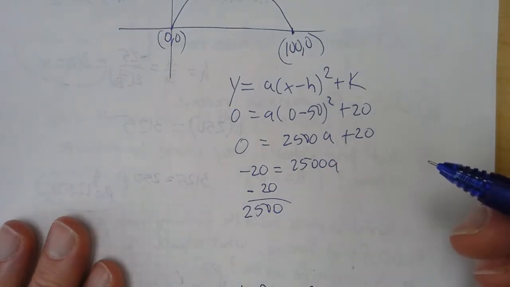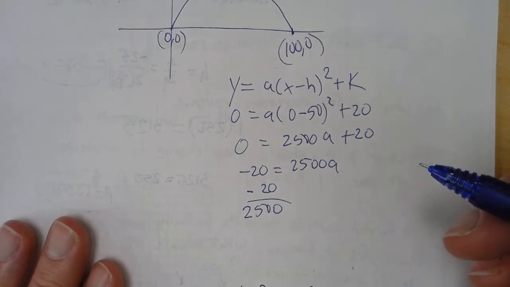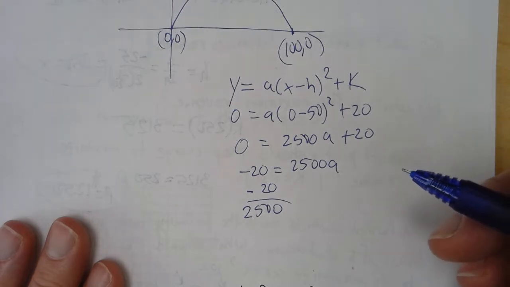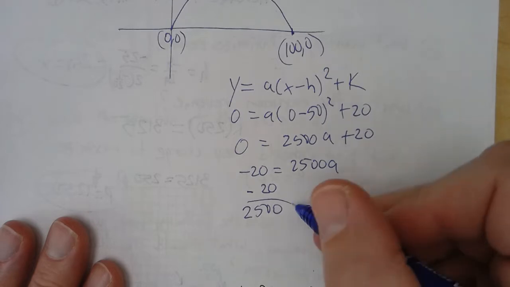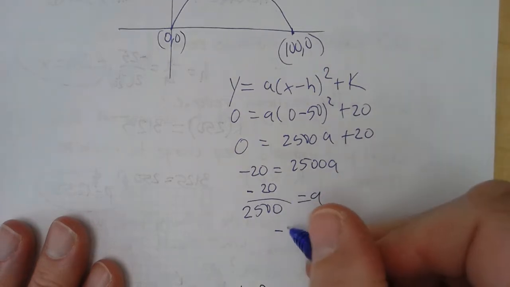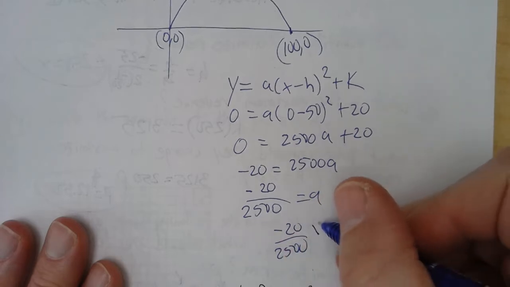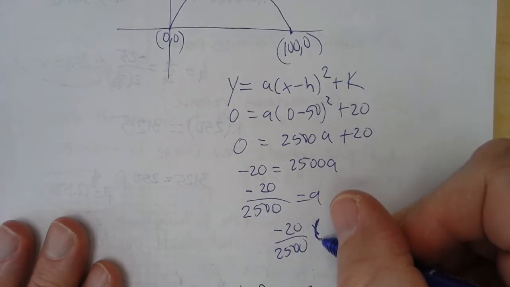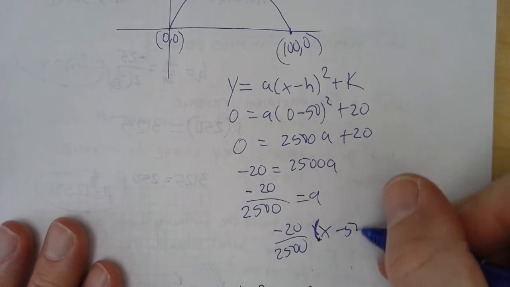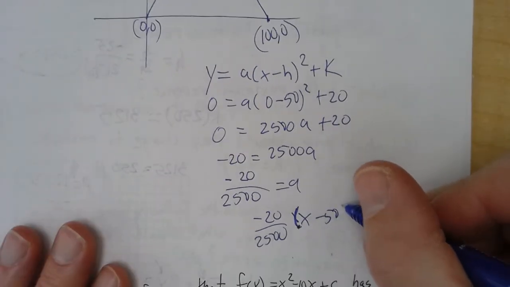Did I do something wrong? Equals a. So negative 20 over 2,500 times (x minus 50) squared.